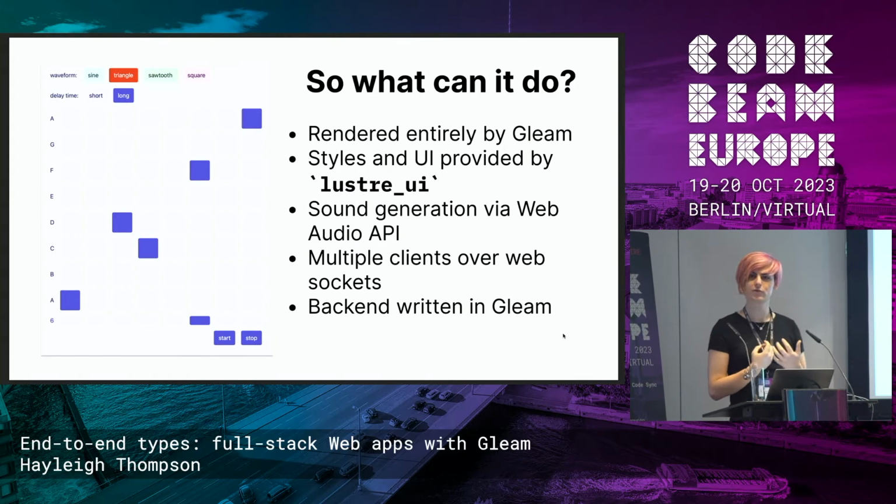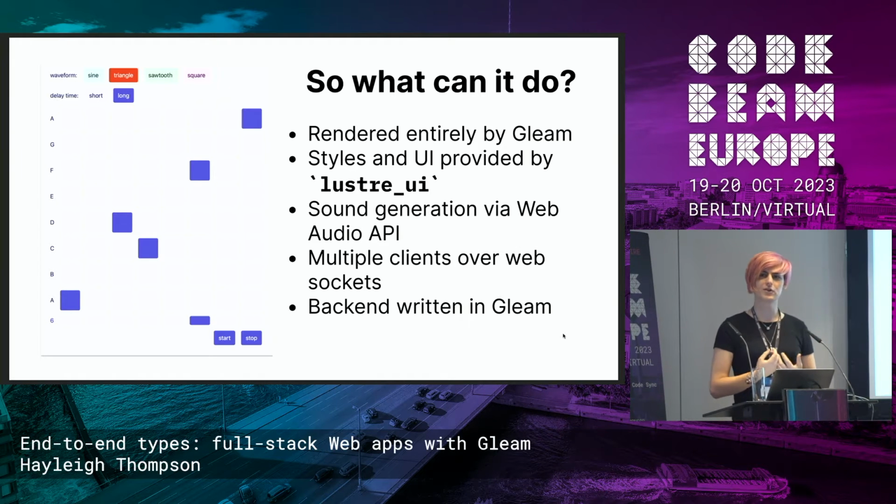And so just to summarize what that means, we have a front end rendered entirely with Gleam. The styling and the UI are provided by a companion package called Luster UI. And this is really nice because this entire web app involved writing maybe 5 lines of CSS, which is excellent if you maybe don't know too much about design or don't care about design, but you want something that looks and works quite pleasantly.